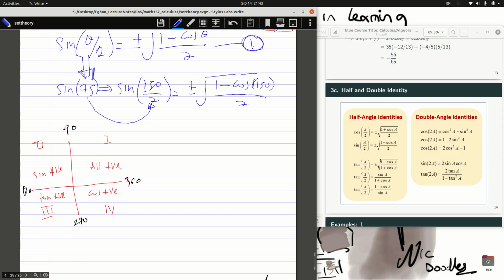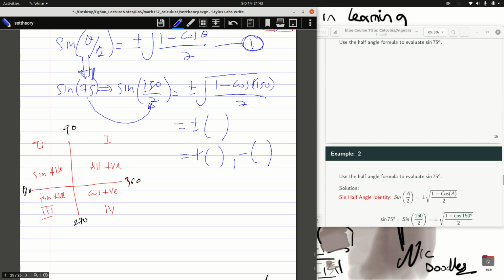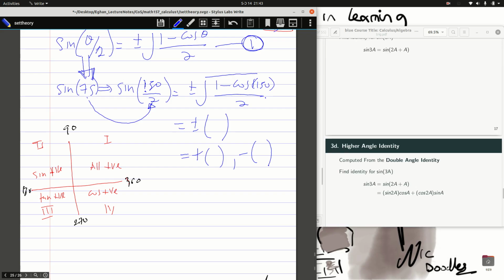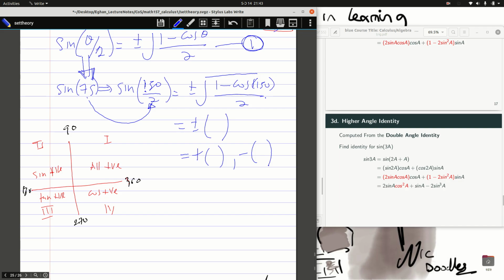So the question is, I'm going to get plus or minus some answer. Do I use positive of the answer or I use negative of the answer? That's the question for the goals. But I realize that we have sine 75. If I use the quadrant form, 75 falls here.